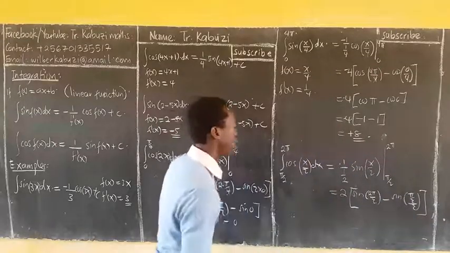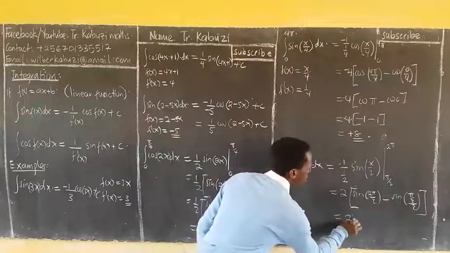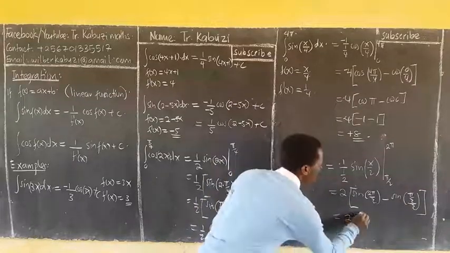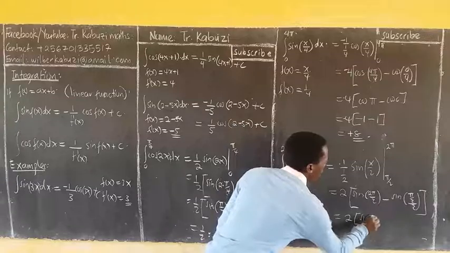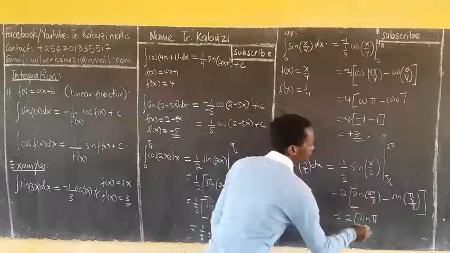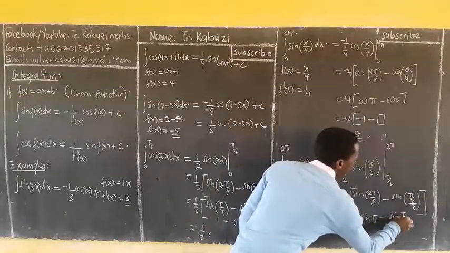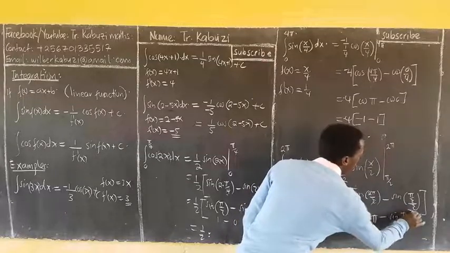So this will be 2, then in brackets sine pi, minus sine pi over 4.